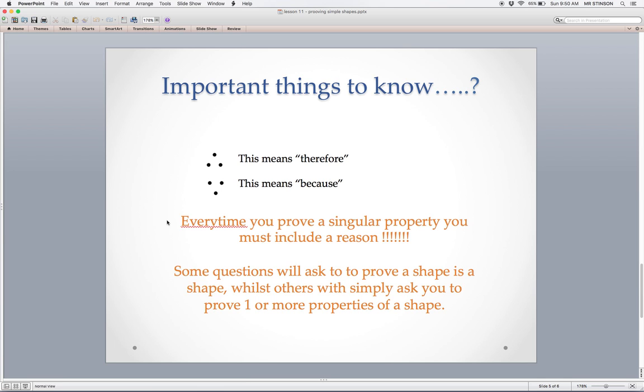Secondly, every time you prove any singular property, you must include a reason. This is called reasoning. And very lastly, that some questions will ask you to prove a shape is a shape, whilst others will simply ask you to prove one or more properties of a shape. And we'll look at both types of examples in class.